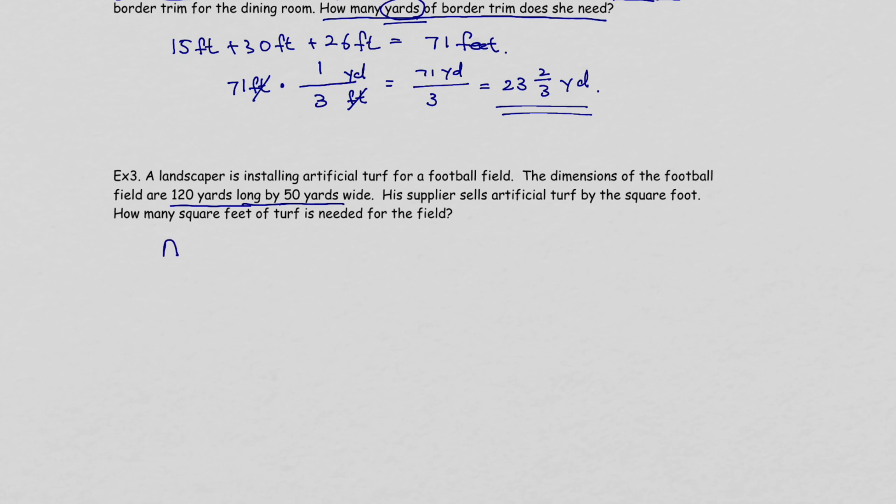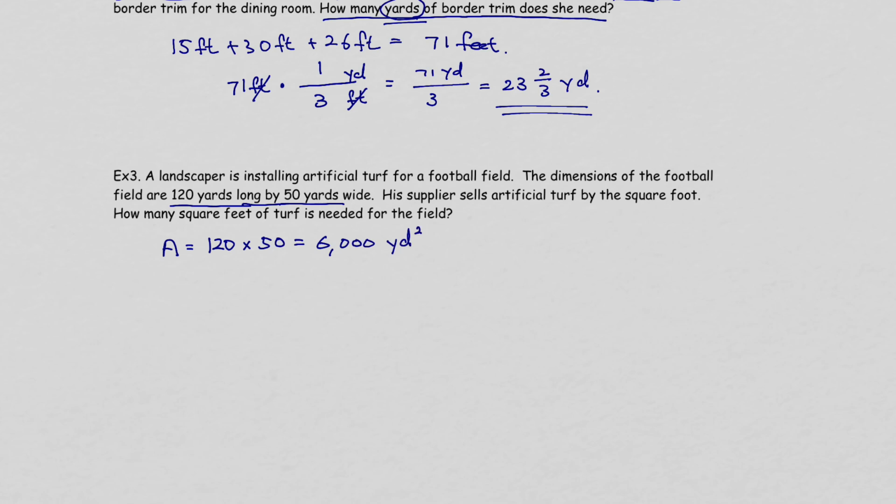So finding an area of dimension given 120 long and 50 yards wide, you're going to multiply them, right? Which you end up getting 6,000 square yards.